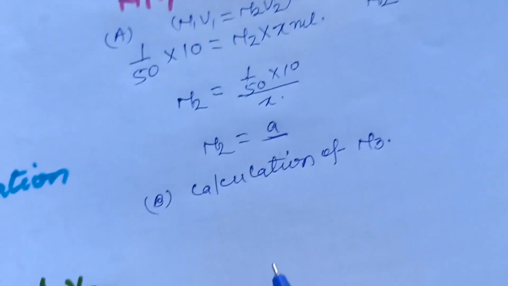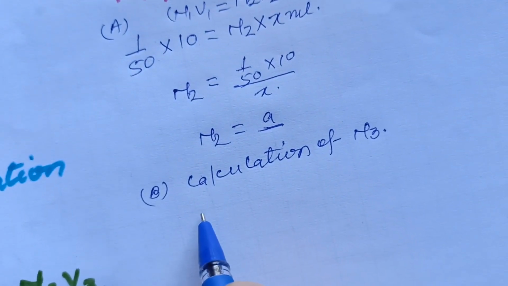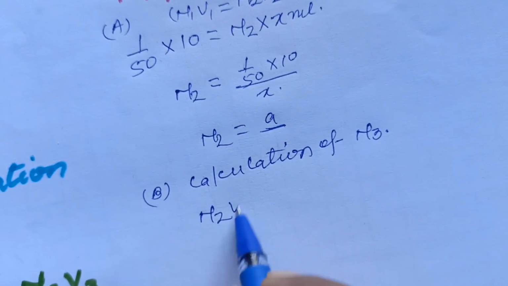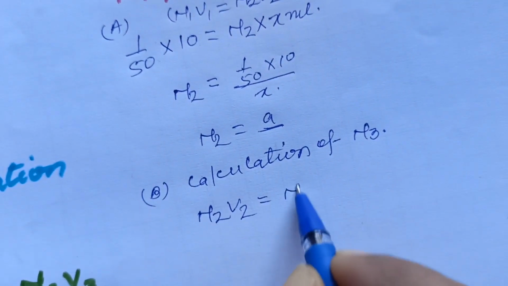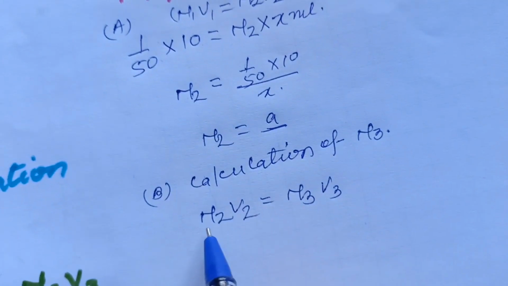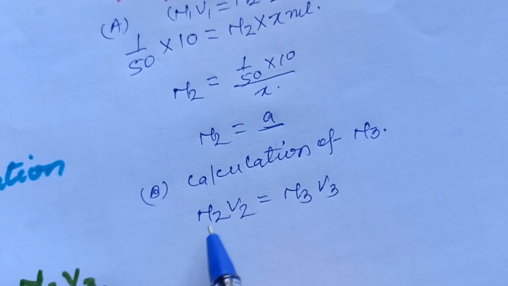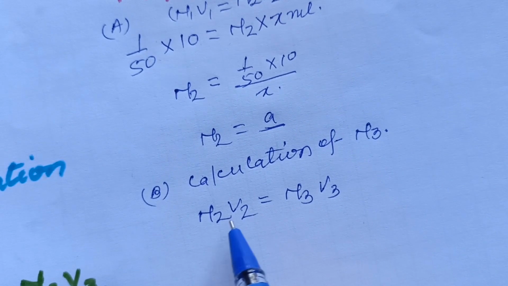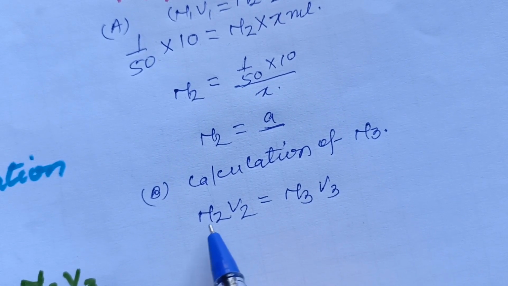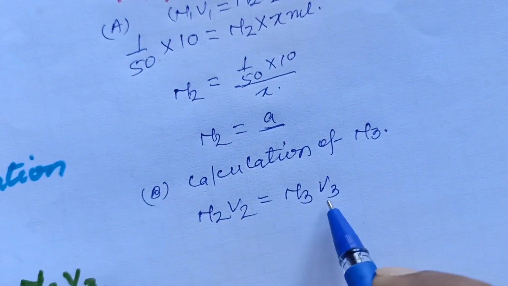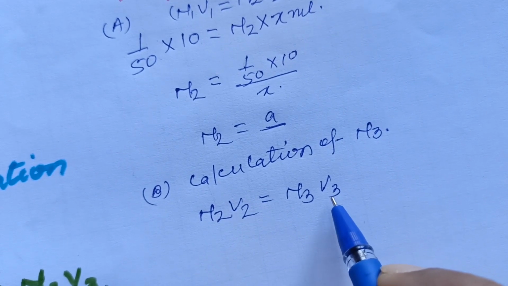To calculate N3, the formula is N2V2 equals N3V3. Here N2V2 means the EDTA values, normality and volume, and N3V3 the values related to the unknown hard water sample.